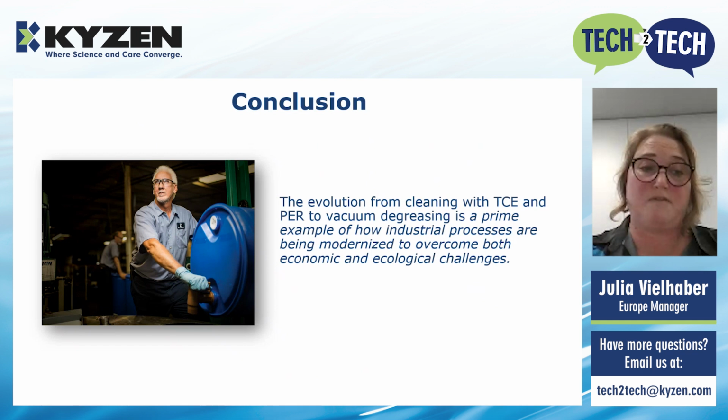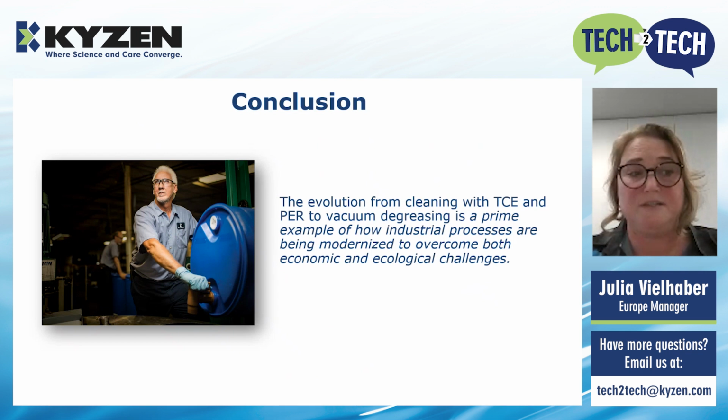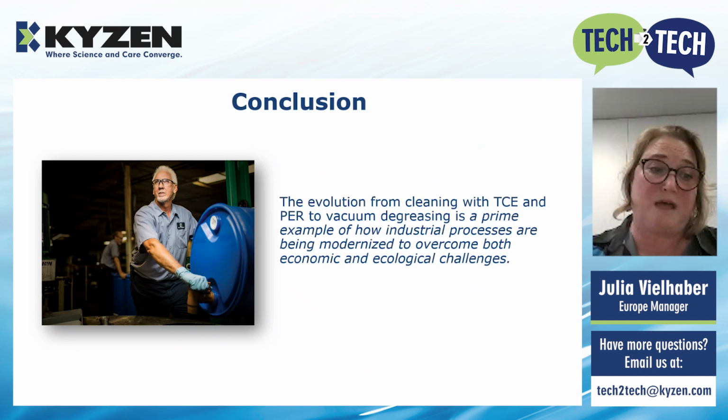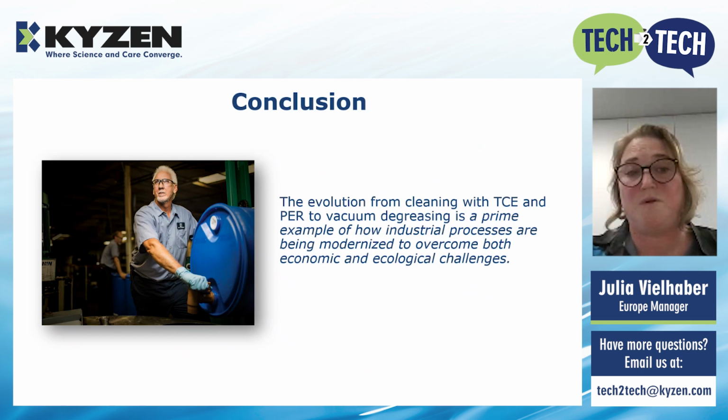Vacuum degreasing offers a more environmentally friendly, safe, and often more efficient alternative to the previously dominant chlorinated solvents, and is a prime example of how industrial processes are being modernized to overcome both economic and ecological challenges.